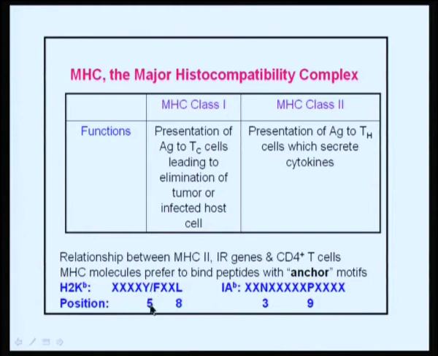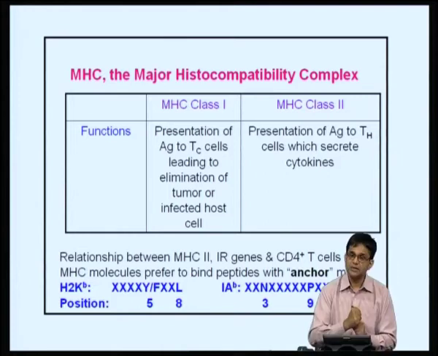In the binding of H2Kb, where b refers to the particular allele, you have either tyrosine or phenylalanine at position 5 and leucine at position 8. In the case of IAb, which is MHC class 2, you have asparagine at position 3 and proline at position 9. These anchor residues help the peptide bind to MHC molecules much better.